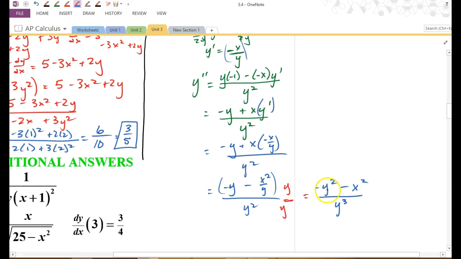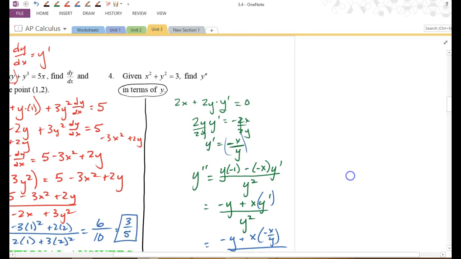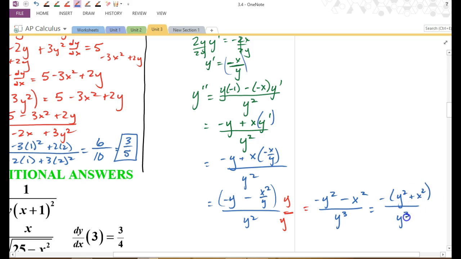Right now what I see is that on the top, if you go back to the original, do you see the very original equation? See how close we are to that? X squared plus y squared is equal to 3. We have a negative and a negative. So what if we pull a negative out? We would have y squared plus x squared over our y cubed.